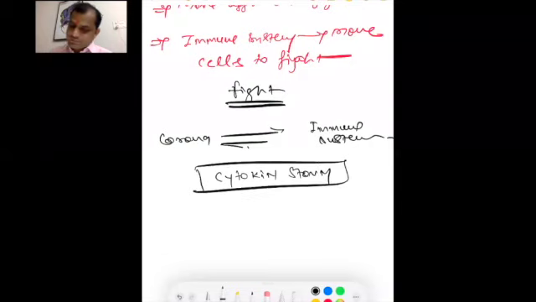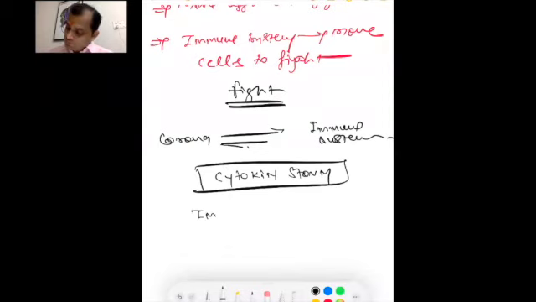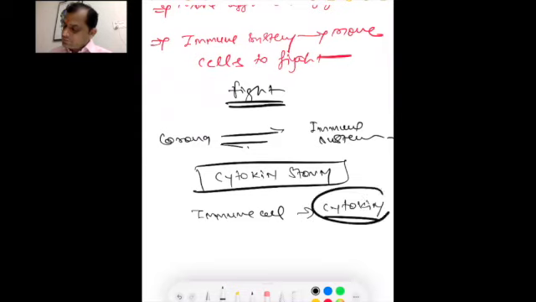Immune cells secrete a chemical, cytokine, and there are lots of immune cells secreting lots of cytokine, and it is increasing in the bloodstream. So there is a storm of cytokine.